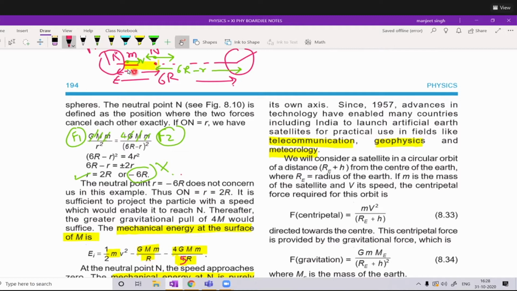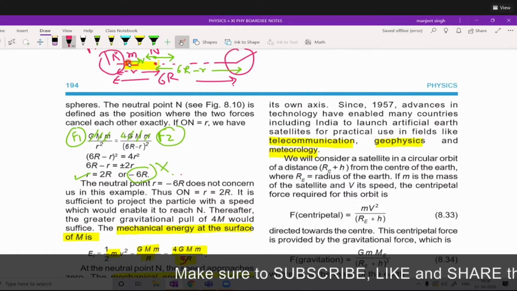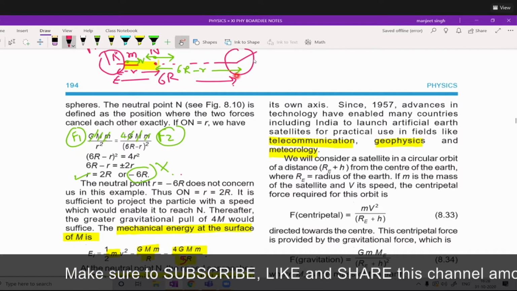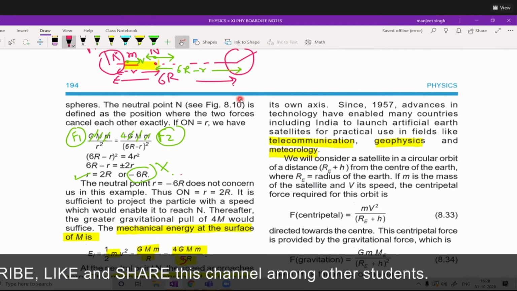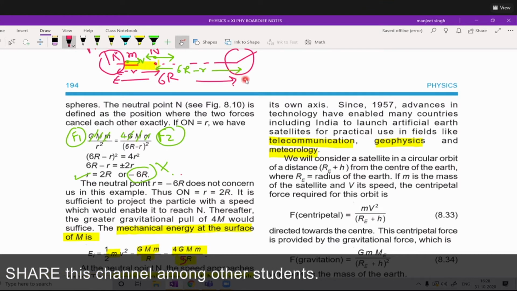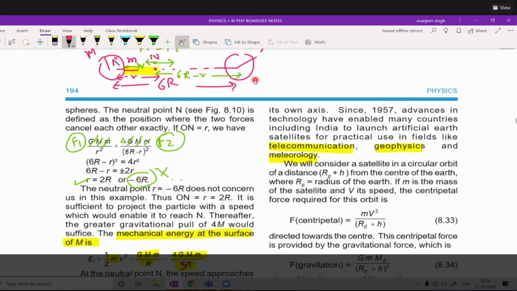That is the kinetic and potential energy of the earth and mass system, so minus G m1 m2 upon r, and the potential energy because of this sphere. OK, what is the potential energy because of this sphere of mass 4M?